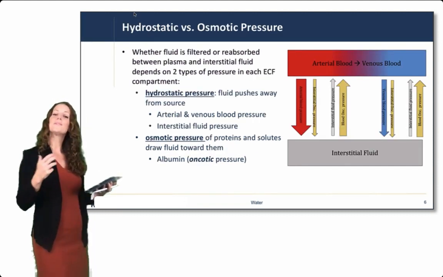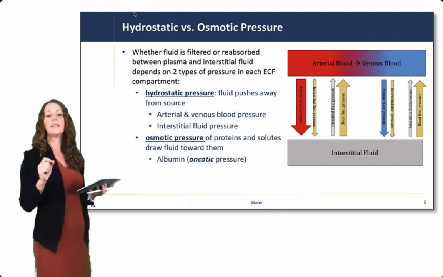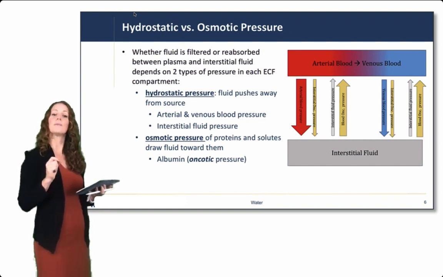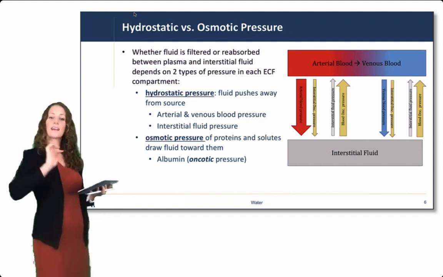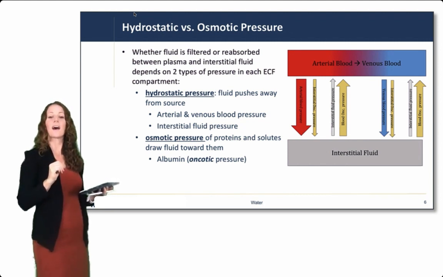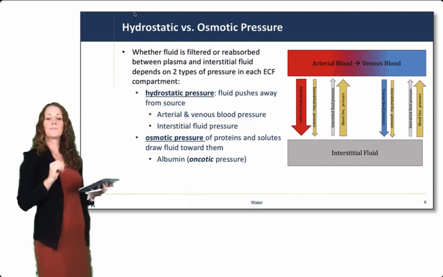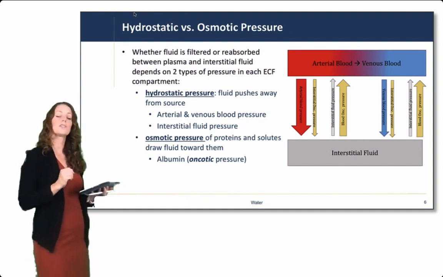Whether fluid is filtered or reabsorbed between the plasma and the interstitial fluid depends on two types of pressures in each extracellular fluid compartment. Hydrostatic pressure is pressure due to fluid. We think of this as a pushing force, meaning it pushes away from the source of the hydrostatic pressure. With respect to the capillaries, this will be arterial and venous blood pressure.